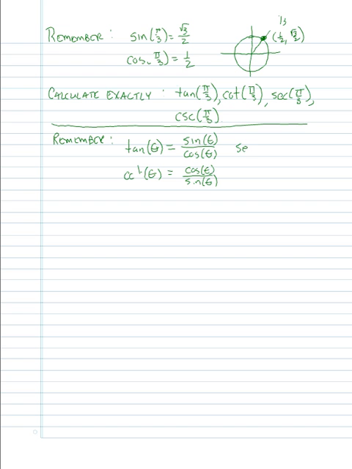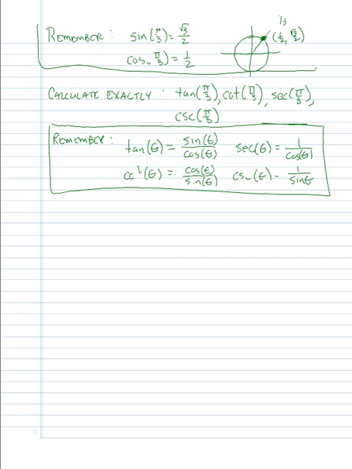Also remember that the secant of theta is 1 over the cosine of that angle, and the cosecant of theta is 1 over the sine of theta. So if we remember this, then there is no problem to this. No difficulties.